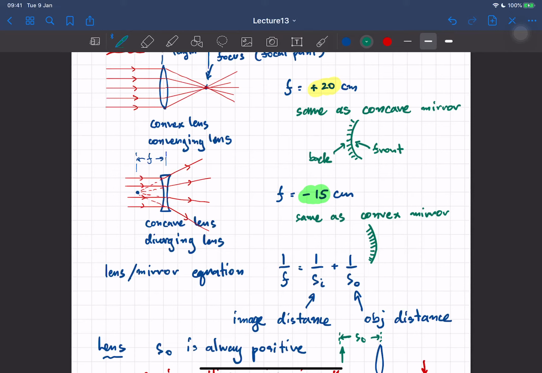But I just want to point out right away that what you're going to learn for curved mirrors is nothing new. Okay, maybe 5% new, but almost the same as what we learned last time. And you're going to see the similarity right away. Okay, so let's start talking about that.